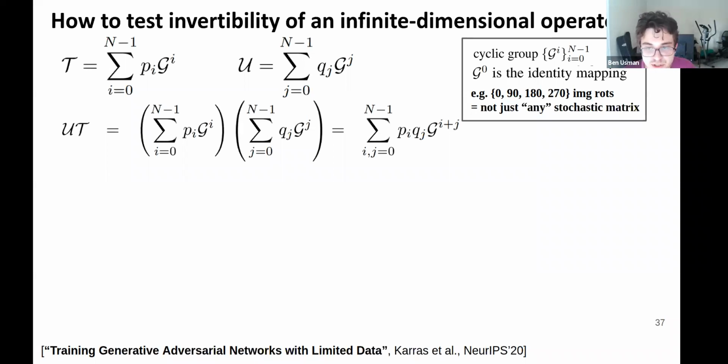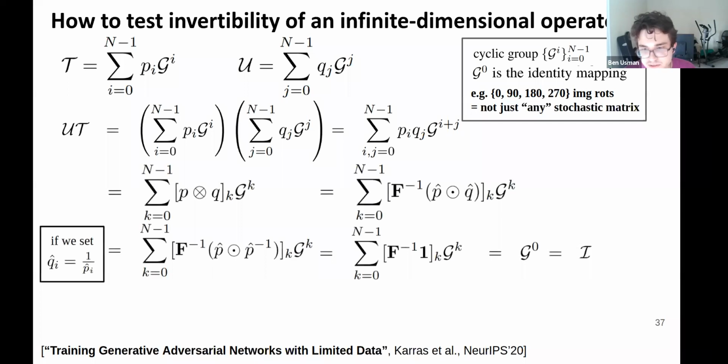And for the augmentation U to be inverse of the augmentation T, their product must be the identity augmentation, G0. So if we open brackets, we get this convolution of probability vectors, for which we know that it can be expressed as a Fourier spectrum.